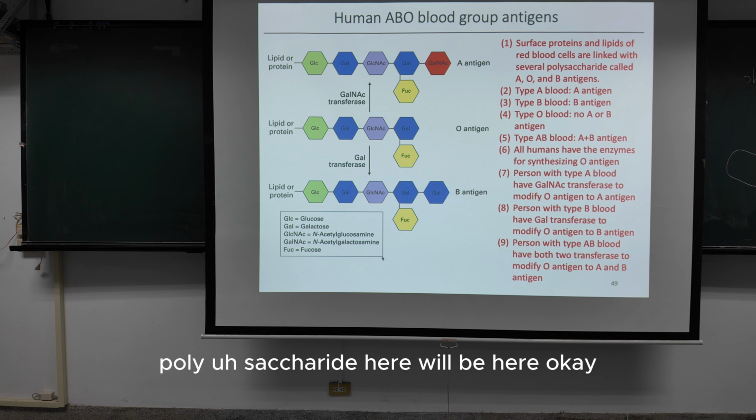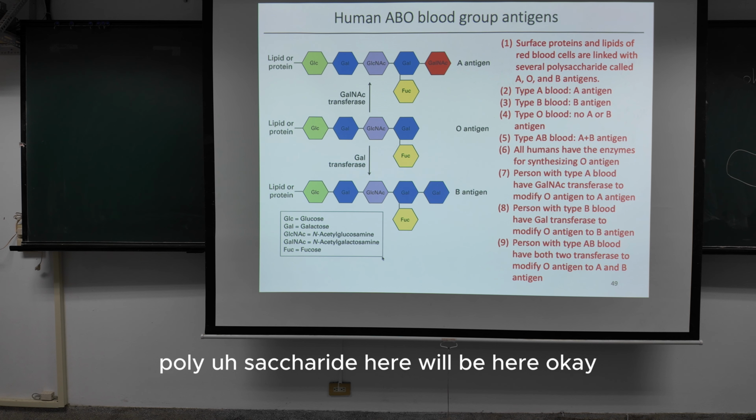If the person carries just this, they will be type O blood. But if the person has the gene that can express GalNAc transferase, it will conjugate one more GalNAc, this sugar, to this basic unit. We define this as A antigen, and they will be type A blood people.